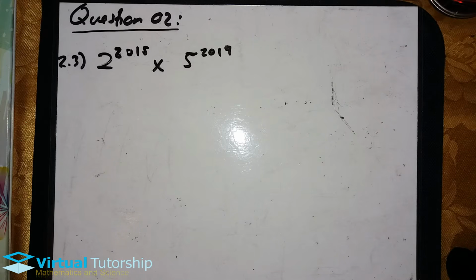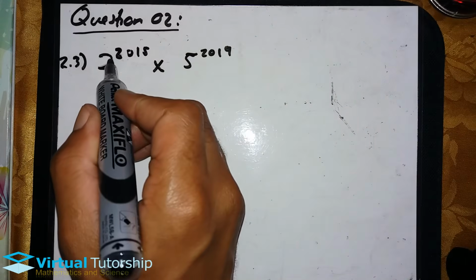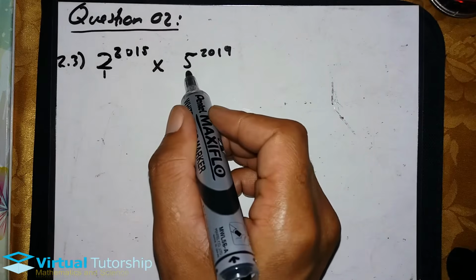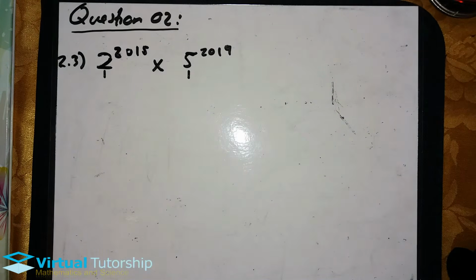In a question like this, it's always a good idea to work with a base of 10. A base of 10 is obtained only if you multiply the 2 and the 5, right?